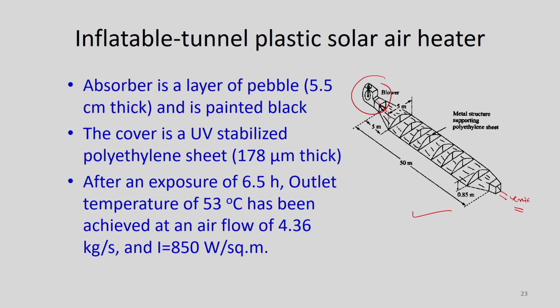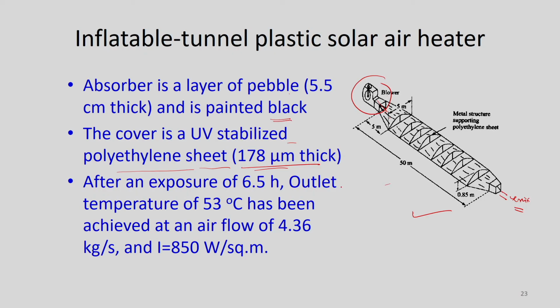So, this absorber is a layer of pebbles and is painted black. Pebbles are used and it is black because it has to store more thermal energy. The cover is a UV stabilized polyethylene sheet of thickness 178 micron.